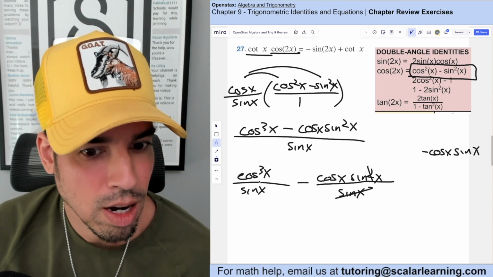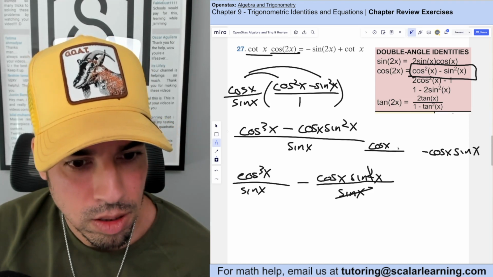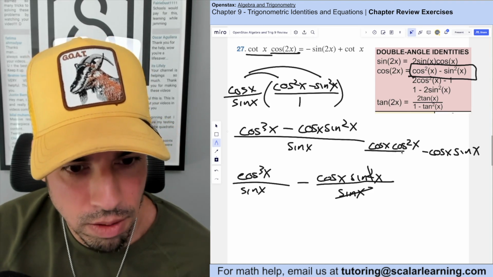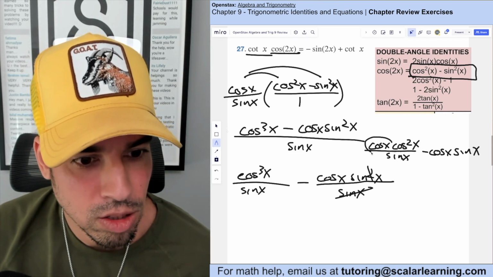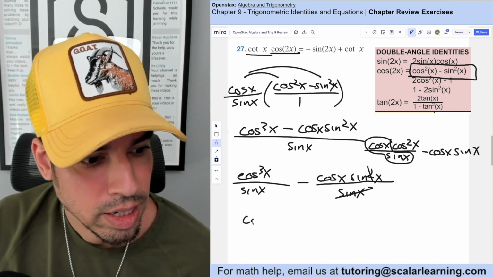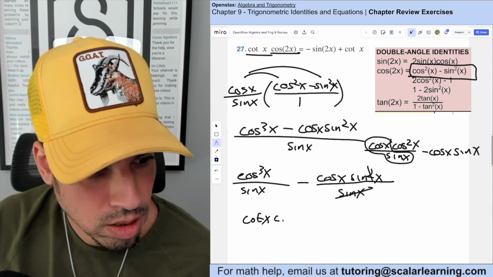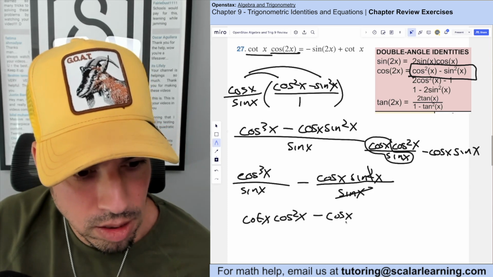And then over here, I'm going to rewrite this as cosine x times cosine squared of x over sine of x. So why am I doing this? Because these two are going to turn back into cotangent, and that's going to be great. So now I've got cotangent of x times cosine squared of x minus cosine x sine of x.